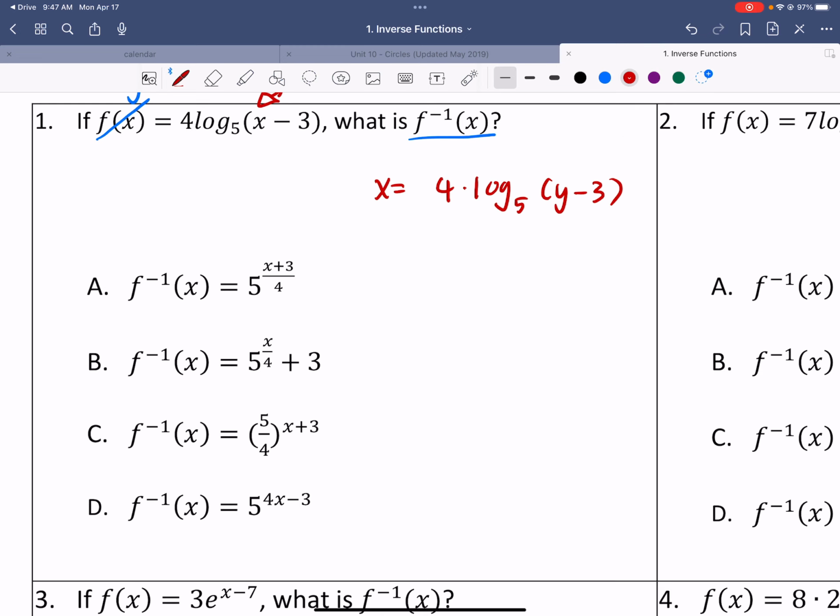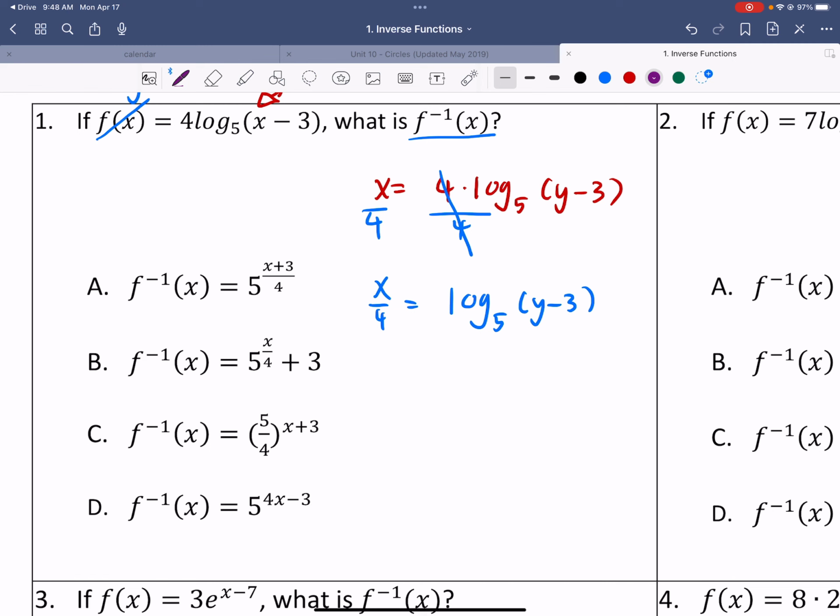And what you have to do here is solve for y, which means you have to get rid of this log. But before that, this 4 is bothering us. So we're going to get rid of this. So let's divide by 4 on both sides, because the opposite of times 4 is divide by 4. So I have x over 4 is equal to log base 5 of y minus 3.